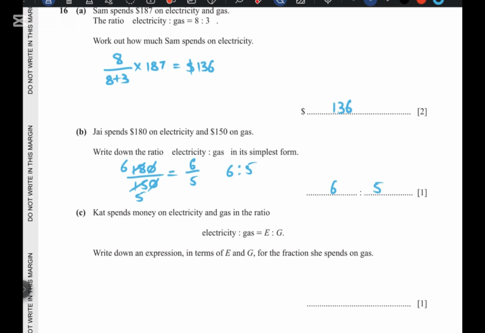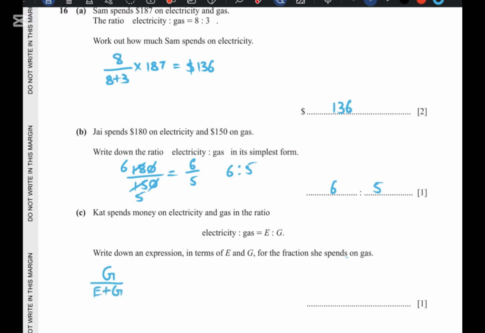Cat spends money on electricity and gas in the ratio electricity is to gas is E is to G. Write down an expression in terms of E and G for the fraction she spends on gas. So now we need to write the fraction of the cat spending on gas. So here the fraction will be G, because G is the expression given in the ratio as G. So G by E plus G, total of ratios.